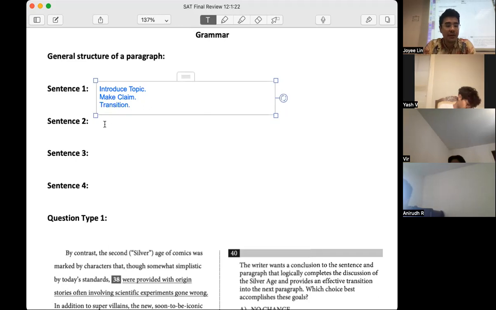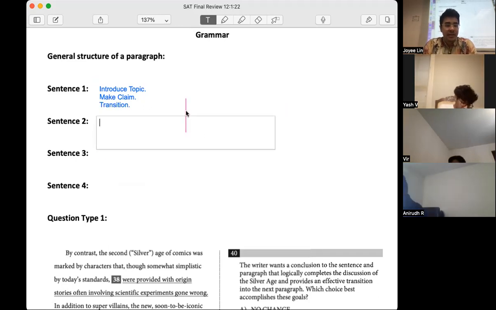What do we do after the introduction? Elaborate with what? Evidence, right? Concrete details. What are some examples of concrete details? Stats. Quotes.